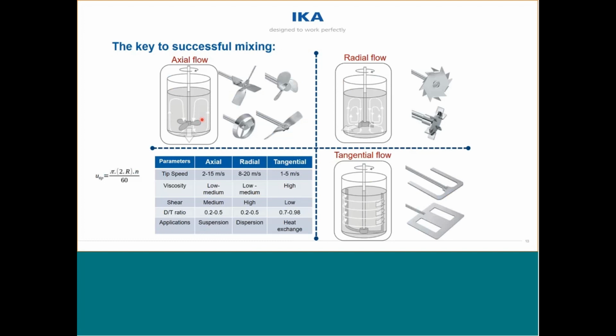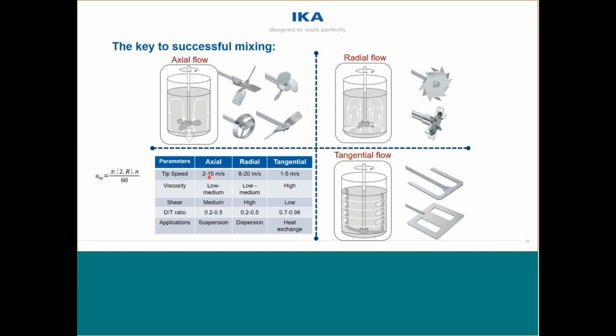So basically, the most common flows produced by an impeller are axial flow, radial flow, and tangential flow. The common four-blade stirrer, three-blade stirrer, turbine stirrer, or centrifugal stirrer will create axial flow. Axial flow can basically be used at high RPM.